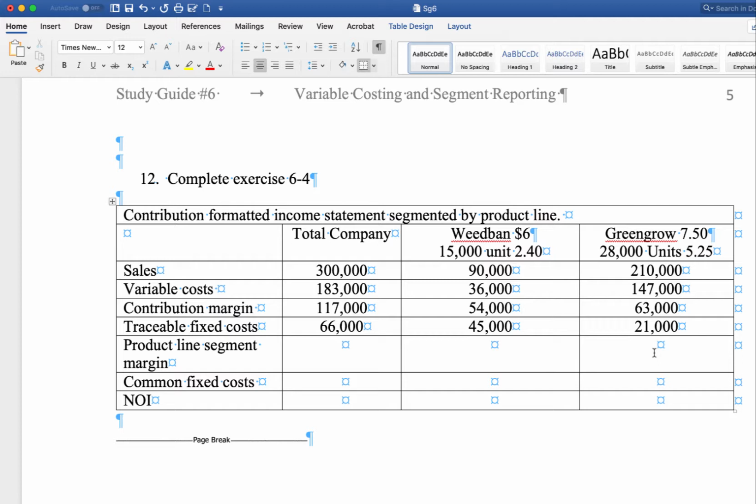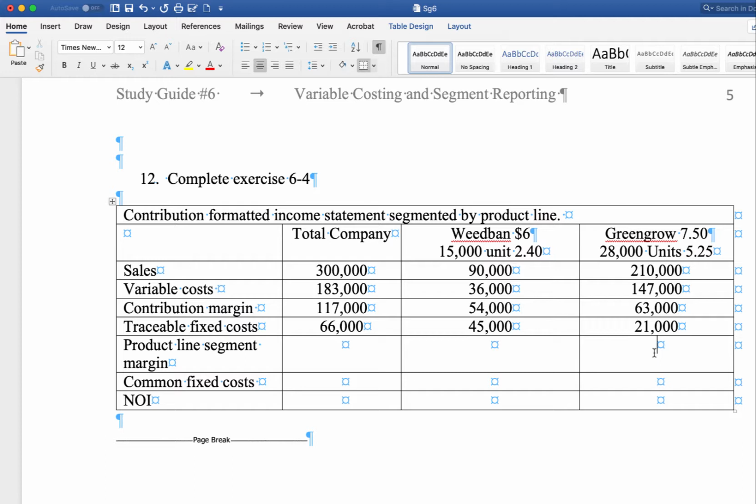Since we can't trace them specifically to either one of these segments, they're fixed costs that we still have, common fixed costs. Think of things like maybe the building, right? Maybe we have a huge building and on one side we make Weed Ban, and the other side we make Green Grow. Well, we have costs associated with that building, right? If we get rid of Green Grow, we're still going to have the building and we're still going to be making Weed Ban, right?